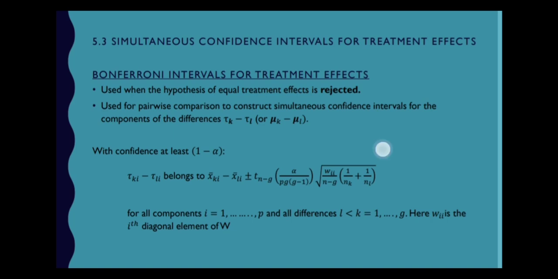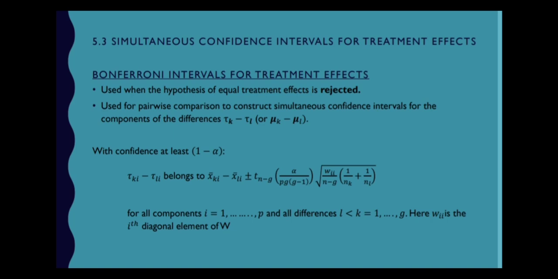But we cannot know whether the variables that we say that differ tadi differ for first variable and second variable ke, differ with first variable and third variable ke, ataupun differ for second population dengan third population. We cannot know that using the Manova method.